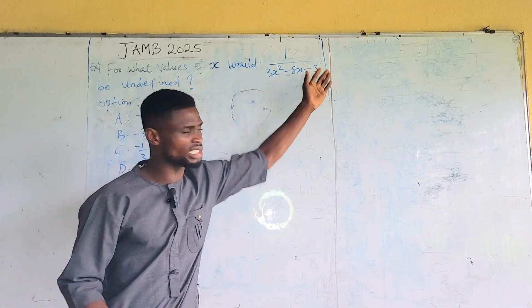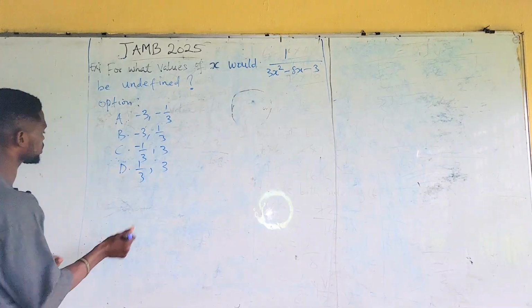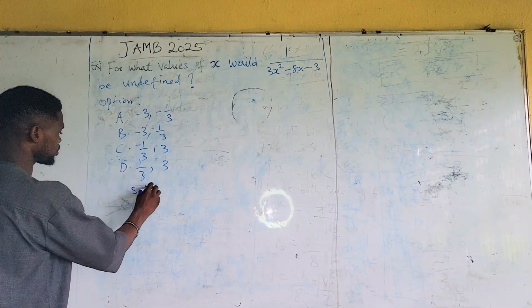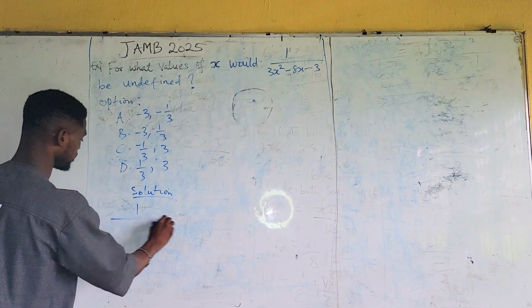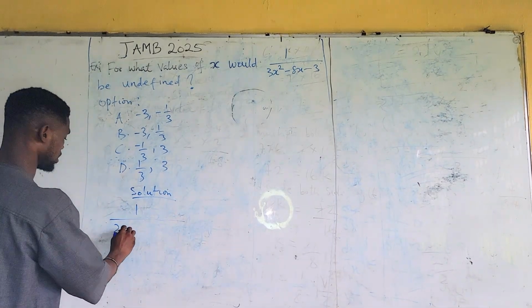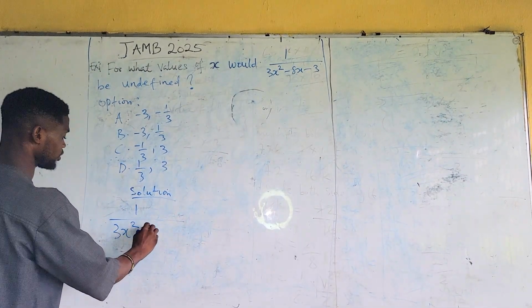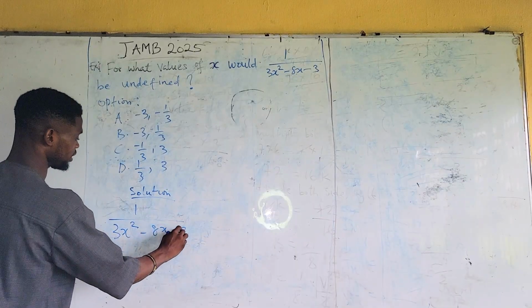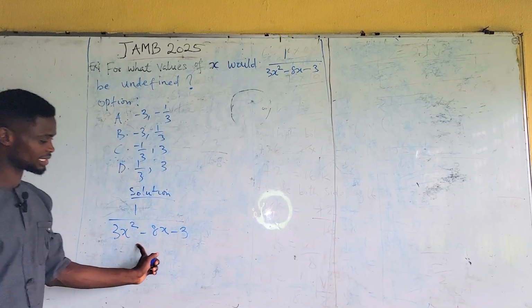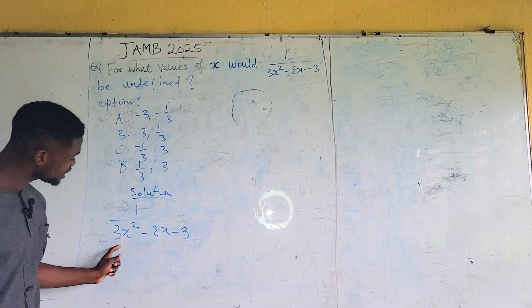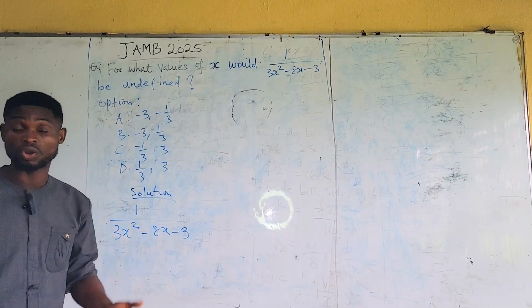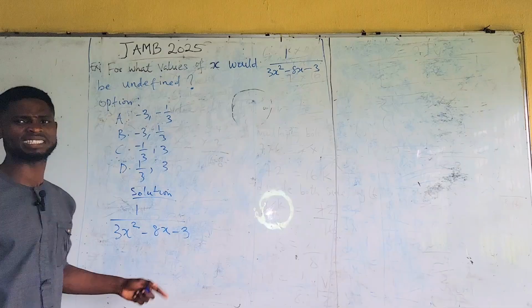So let's look at the denominator. From the denominator, take your solution. The question is 1 over 3x squared minus 8x minus 3. Like I said, this is 1, and 1 is defined. But this one, we don't know if it is undefined; merely looking at it, it has an x.